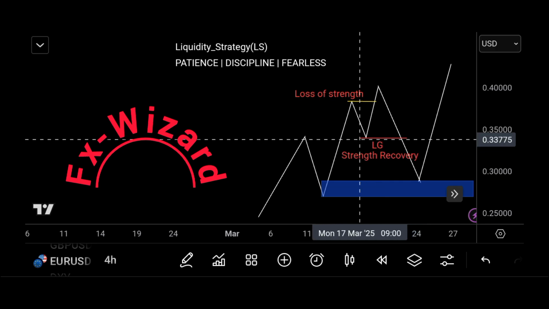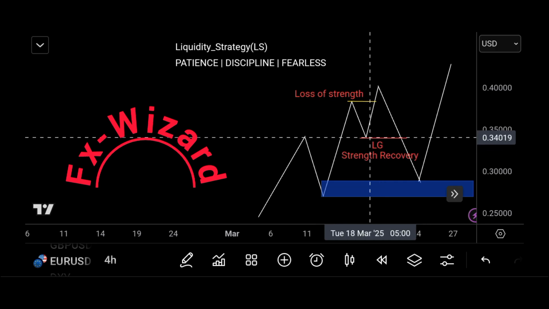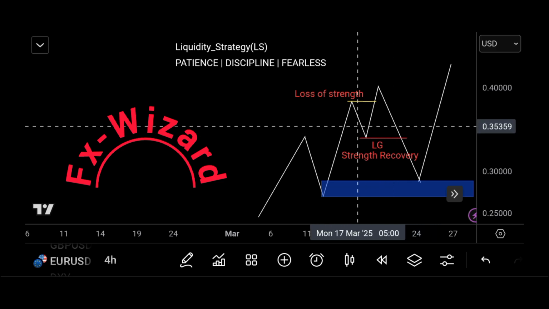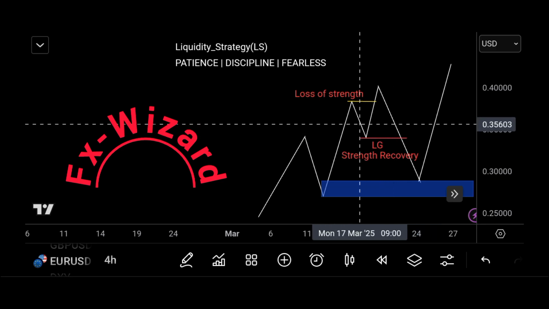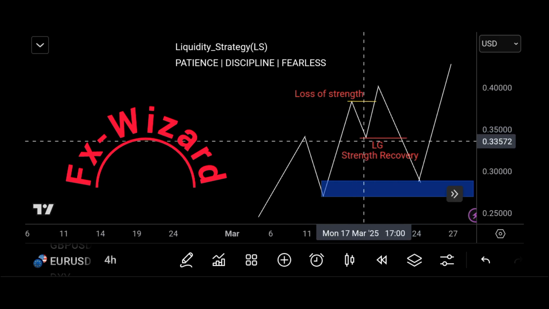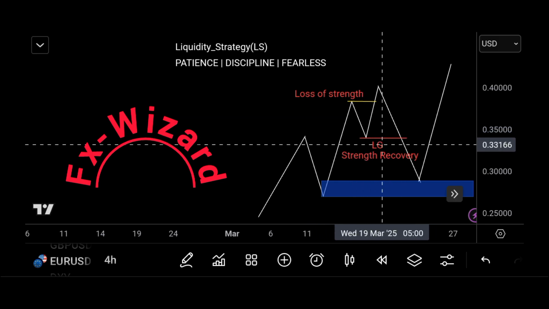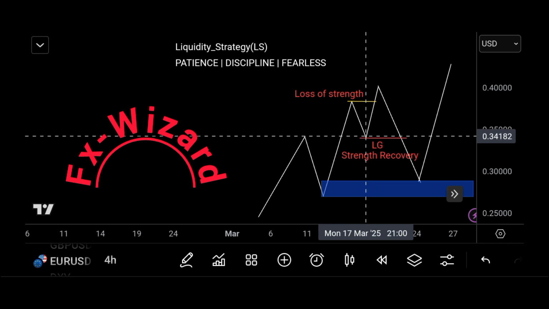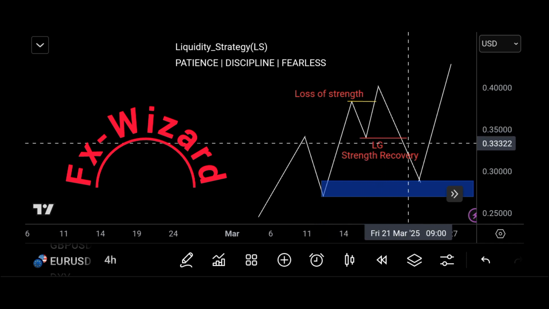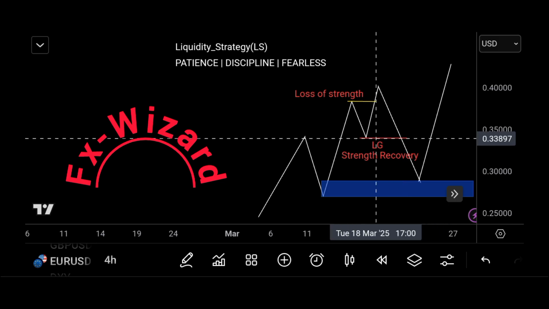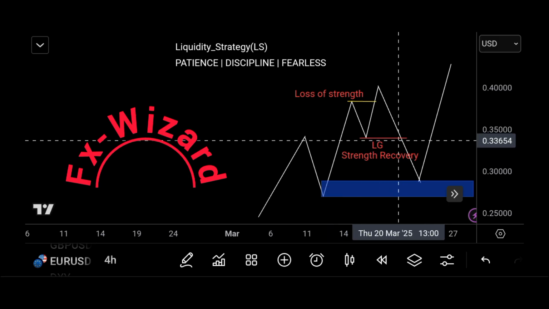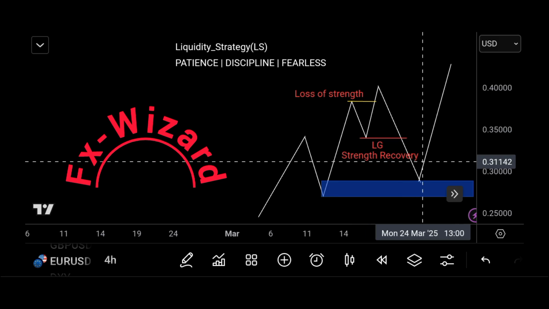Some people might think that here is a change of structure, but for LS traders, that's liquidity strategy traders, we know that this is not a change of structure. Rather, this is just a liquidity grab, which means we do not have any bearish intent. Rather, we need a strength recovery to continue this bullish move.